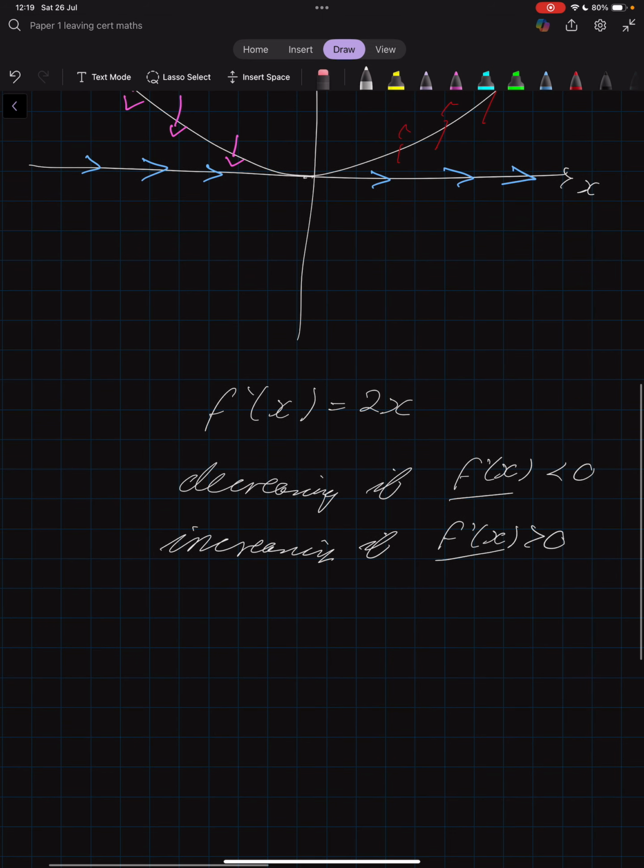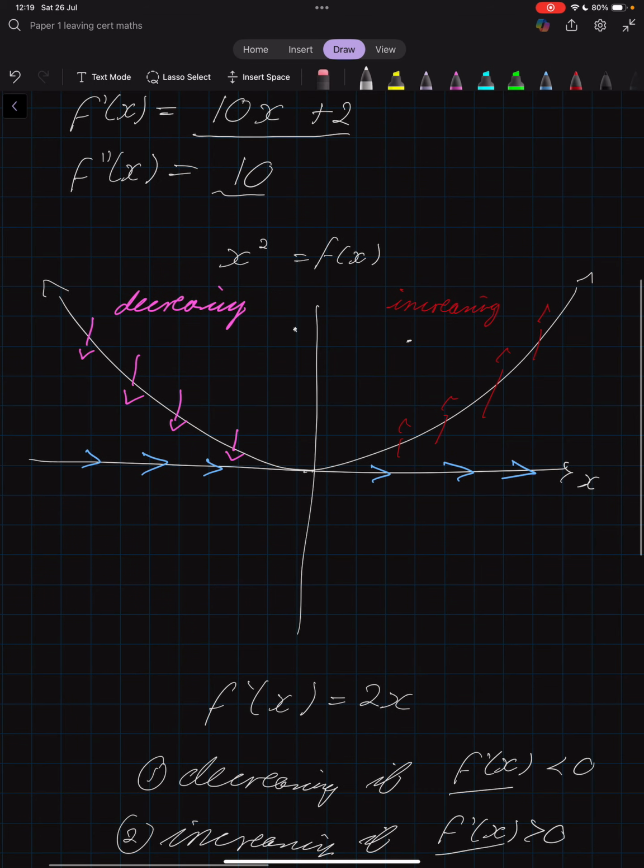So that's another way of doing it. For decreasing, I need f prime of x to be less than 0, so I need 2x to be less than 0. Therefore x less than 0 means you're decreasing, which is true.